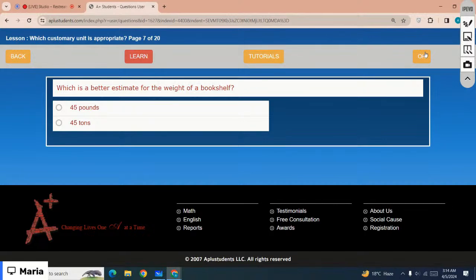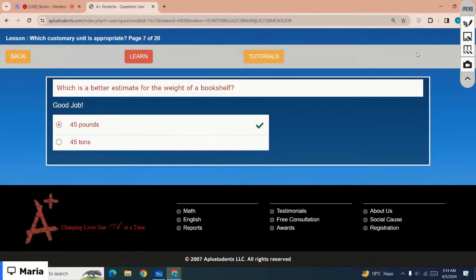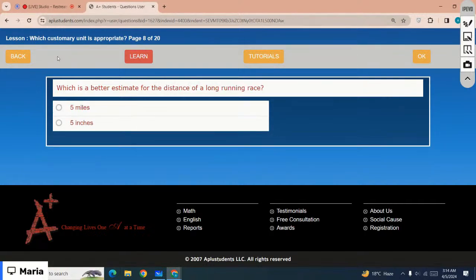The correct option is 45 pounds, right? Because 45 tons is too much for the bookshelf. Okay, you can complete the lesson by yourself later today. Let me just move on to the next lesson.